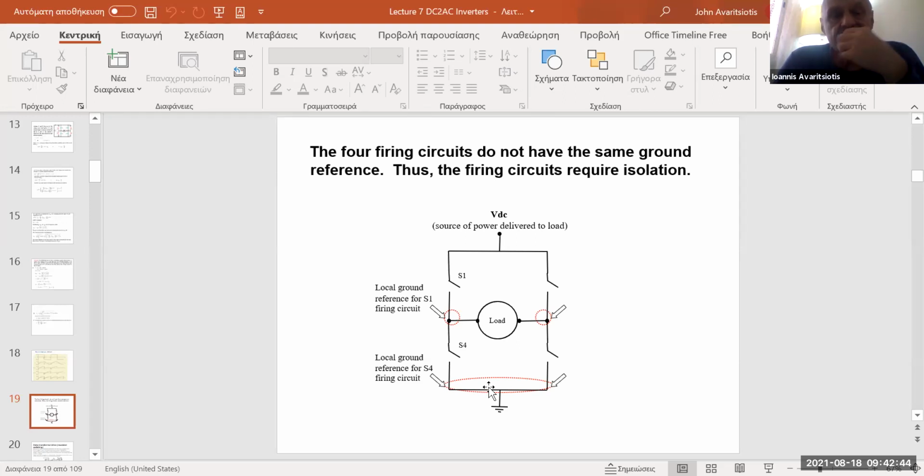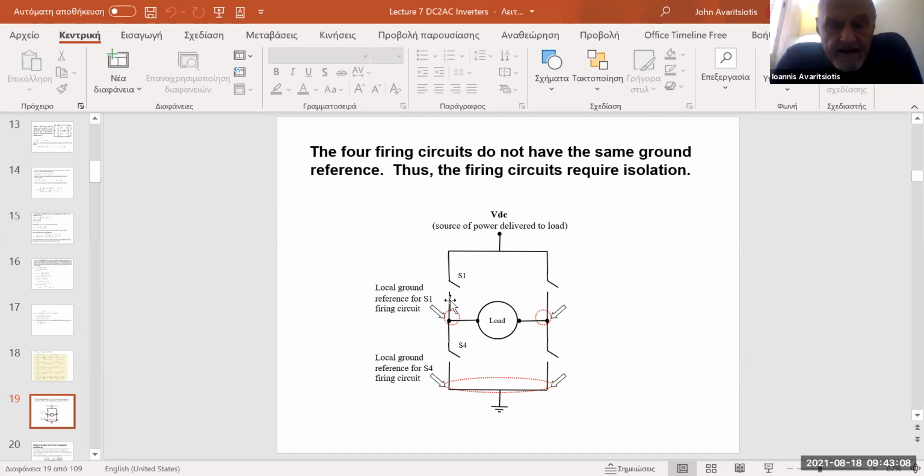However, if you try to do the same with the switch S1, where you have, let's assume, another NPN type bipolar junction transistor, in order to turn it on, again, you must apply a pulse between the base and the emitter.